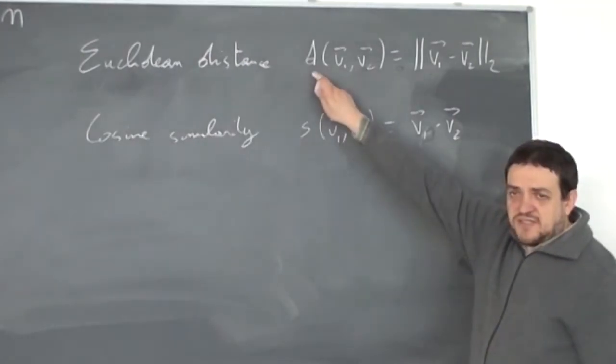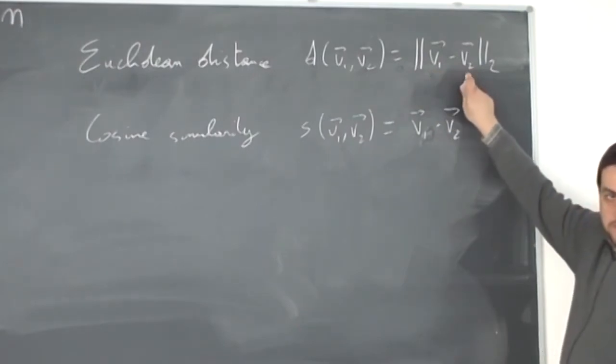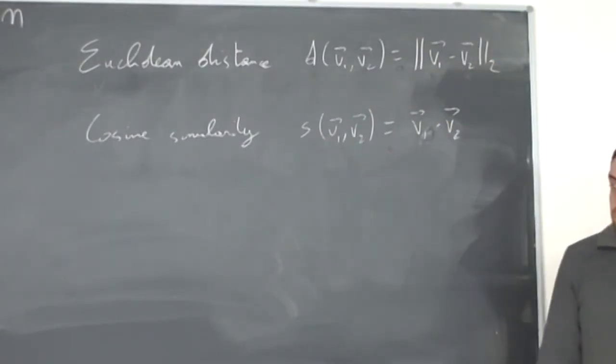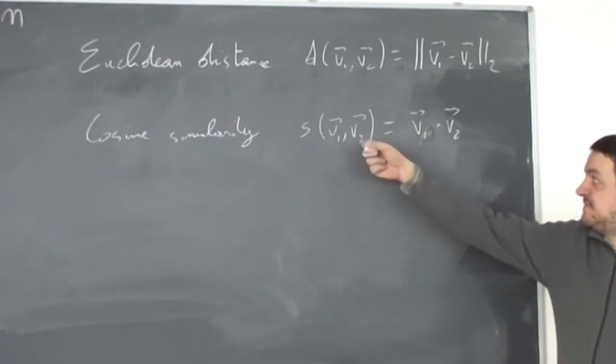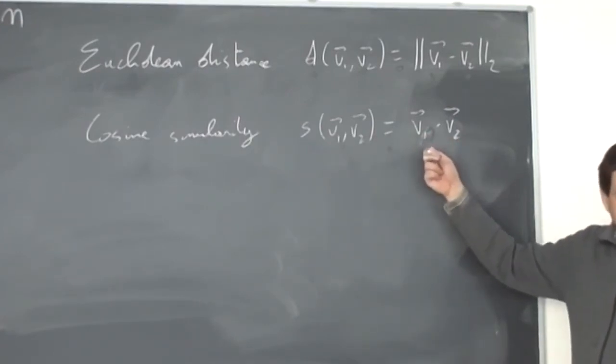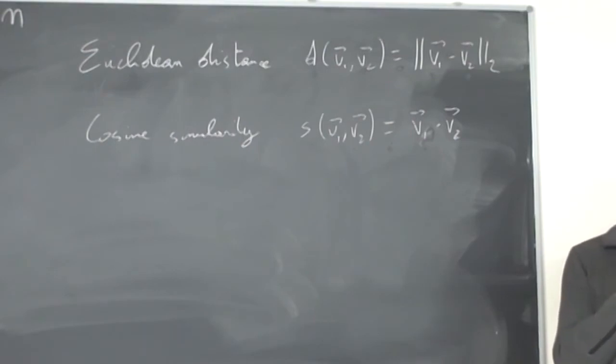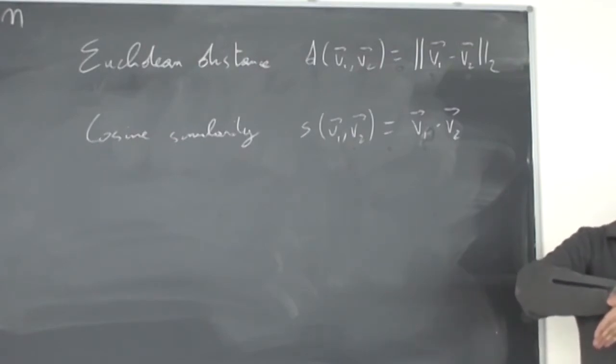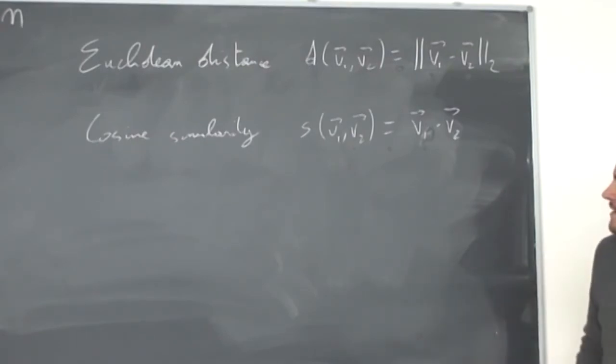While a large distance means that they are very different. In the second case, the opposite is true. 1, which is the largest value that can be achieved by this, means that the two vectors are equal. 0 means that they are orthogonal, so they don't care about each other. -1 means that they are opposite, they hate each other in a sense.